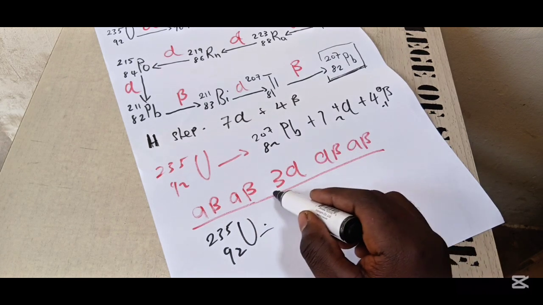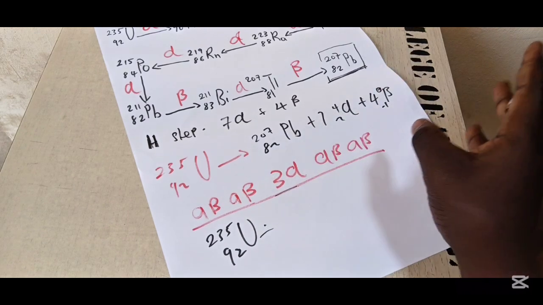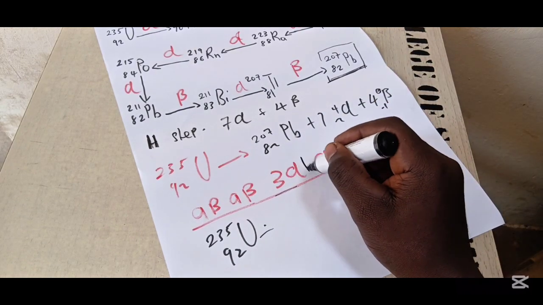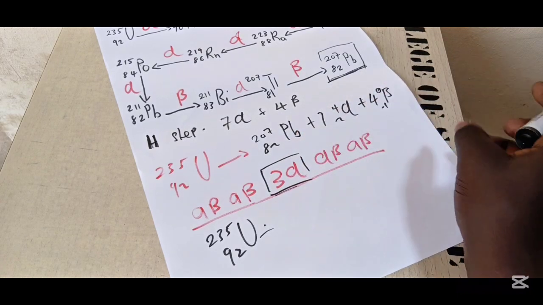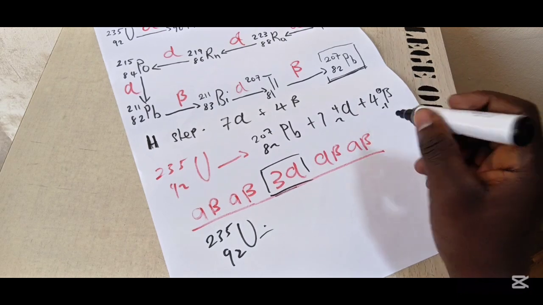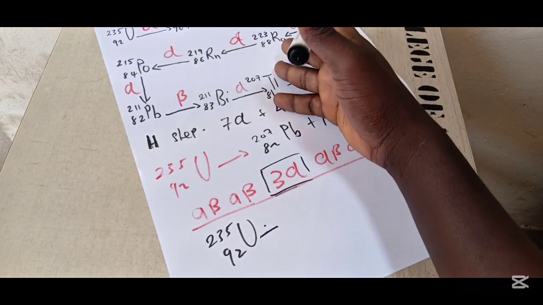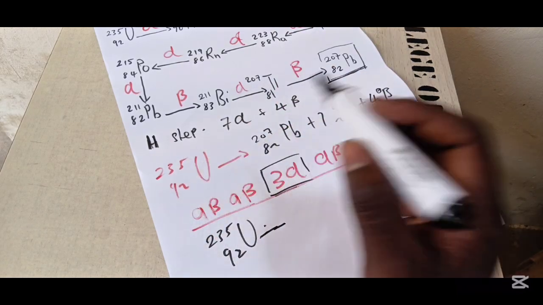Then when you get here, you decay the product with alpha. This tells you that alpha decay will repeat itself 3 times, and here alpha, beta, alpha, beta. So doing that, you'll be able to draw this. For instance, I know that the actinium decay series starts with alpha.